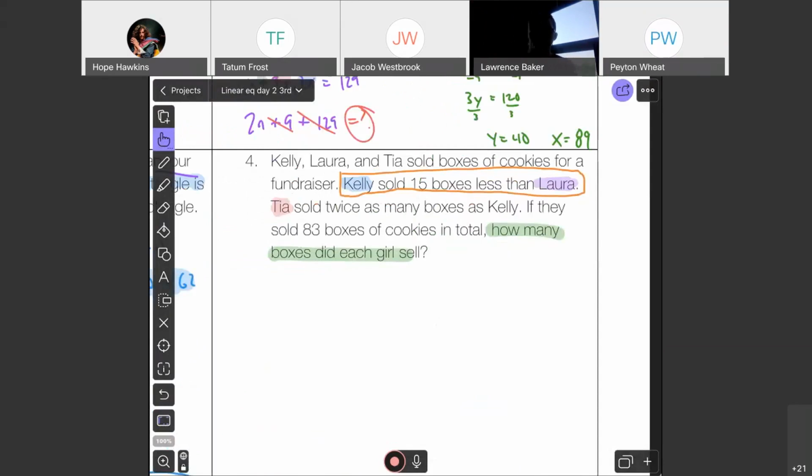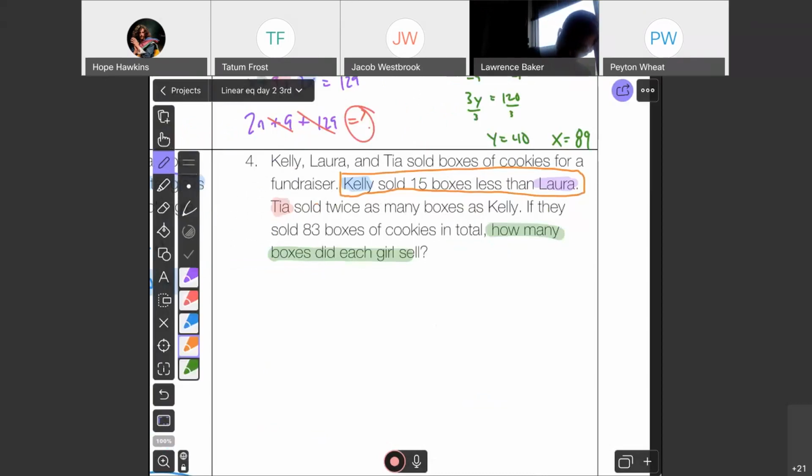Wouldn't it be what Laura sold minus 15 equals what Kelly sold? Say that again, you kind of broke up. Would it be what Laura sold minus 15 equals what Kelly sold? So like L minus 15 equals K? Yeah. Okay.